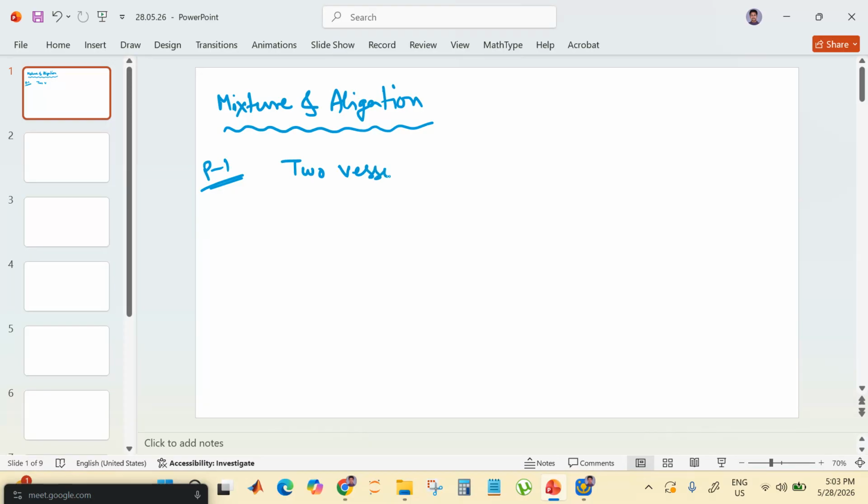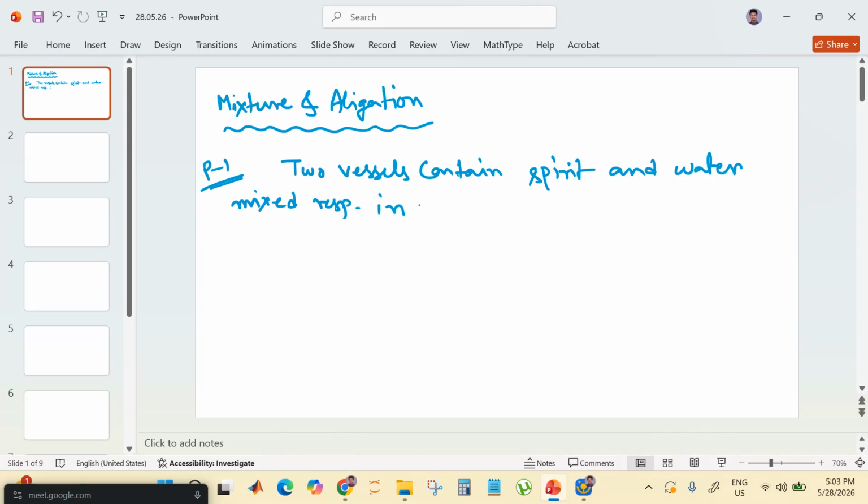One easy question, the first question I am taking as a very easy one. Two vessels contain spirit and water mixed respectively in the ratio of 2:1 and 3:7.